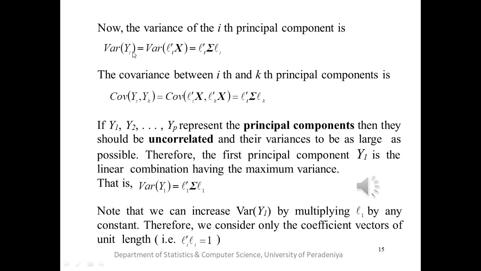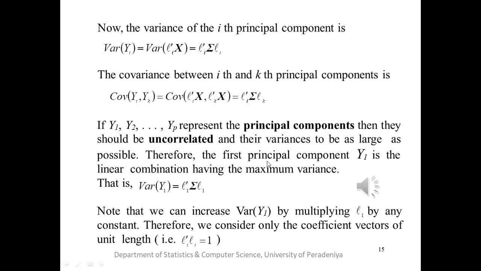Note that the variance of yi is equal to li'Σli, and the covariance of yi and yk is equal to li'Σlk. If y1, y2, up to yp represent the principal components, then they should be uncorrelated, and their variances should be as large as possible.